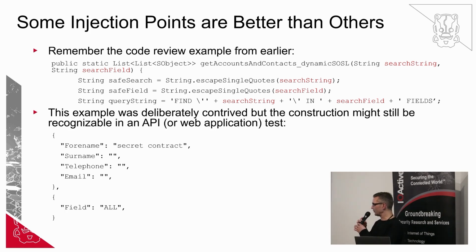But if you're able to find yourself in any situation where you can manage these, I'll speak about another one in a minute, these clauses later in the SOSL statement give you far more scope for information disclosure, where you might be able to modify the fields being searched and search unintended or broader fields.